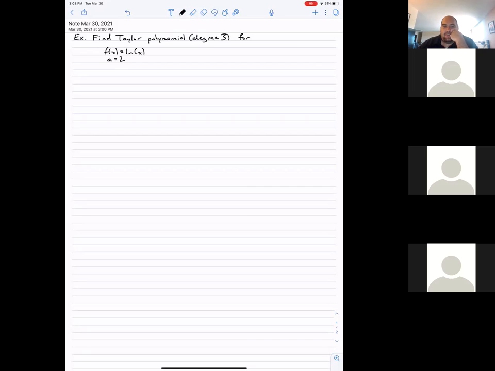Based on this function, how would I go about doing this? I guess the first step is just to find derivatives of the function given. Good. So I have a function. Let's find that first derivative. What is the first derivative of natural log of x?